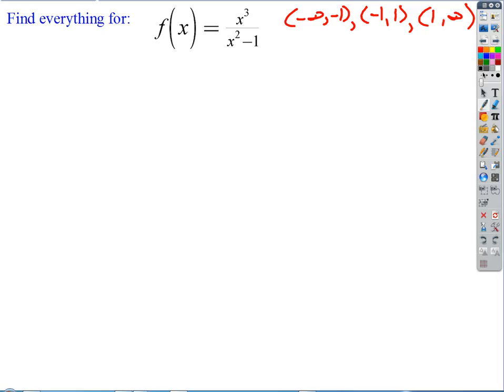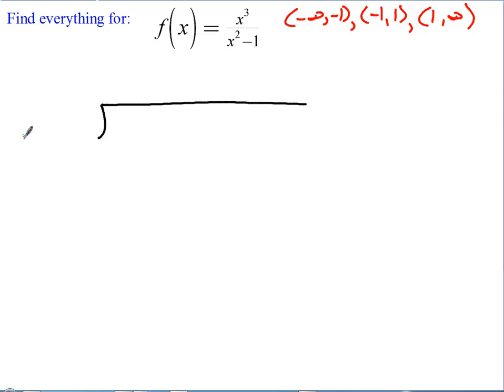Remember doing polynomial long division? Probably blocked it out. You probably did a lot of this last year, I'm guessing. It's been a while, huh? Yeah. But this is one of those things you hammer on in pre-calculus.